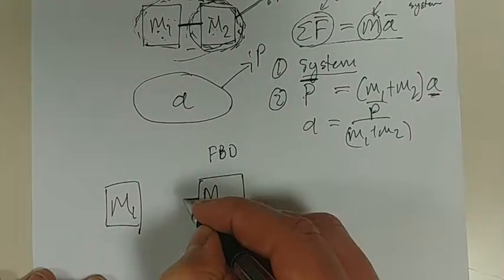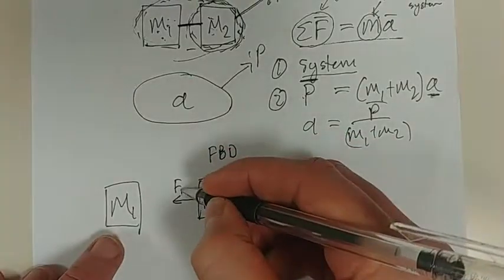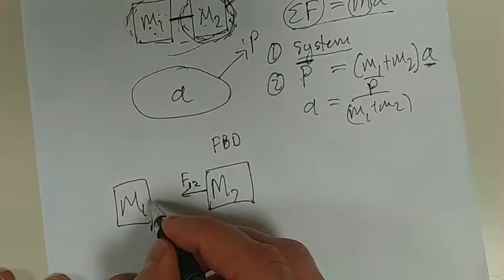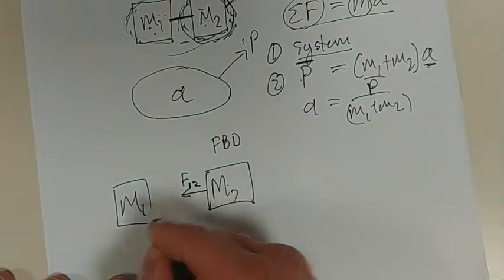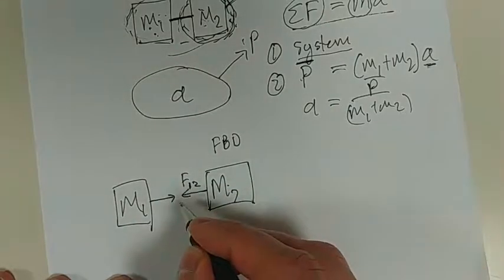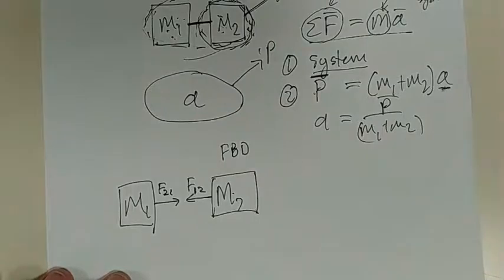It looks something like this: F, that 1 is exerting on 2. And what is the force that block 2 is exerting on block 1? It will be an equal and opposite force, block 2 on block 1.